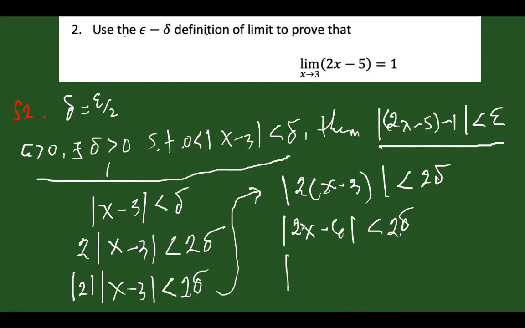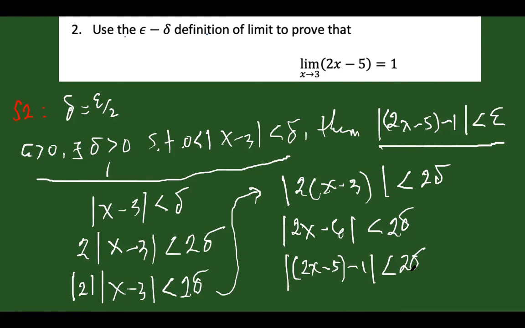So the absolute value of 2x minus 6 could be expressed as the absolute value of 2x minus 5 minus 1, which is less than 2 delta. However, the right-hand side of the inequality is 2 delta, and we should express it in terms of epsilon.